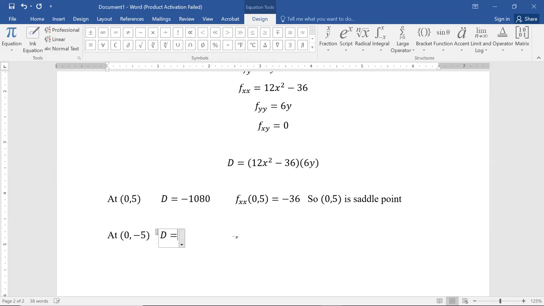Again, we're going to be taking 0, plugging that in for x, but this time I'll plug in a -5 for y. So we get -36 times 6 times -5. We get a positive 1080.